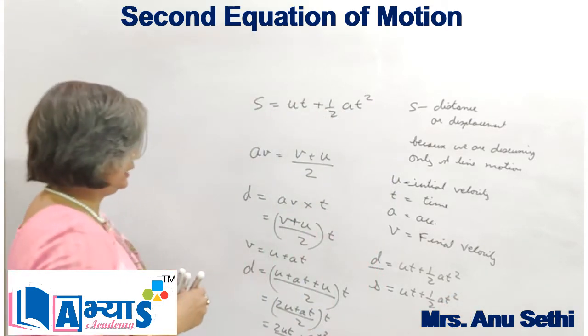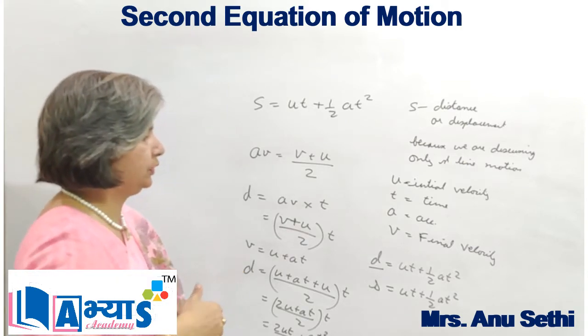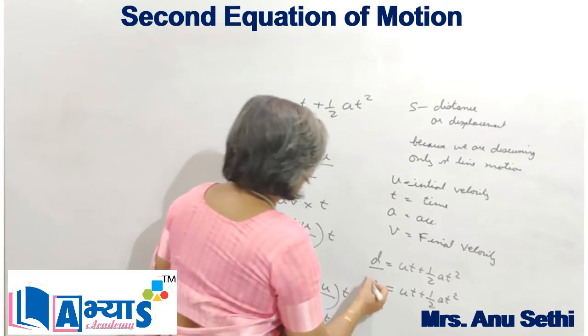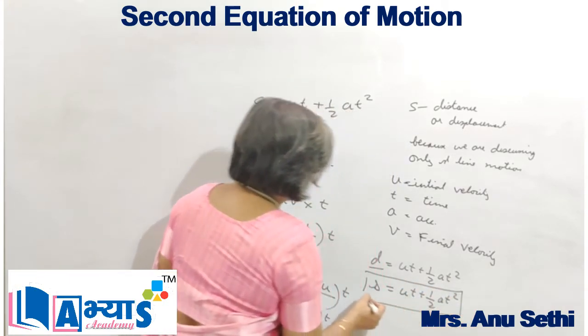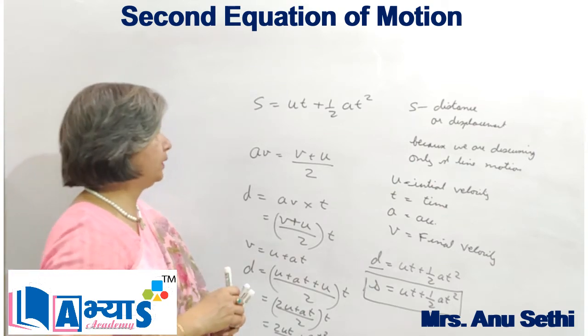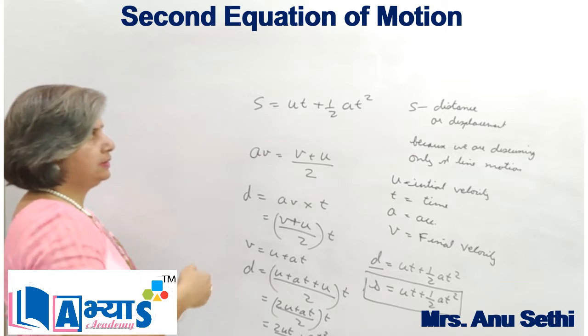So we can say that the distance travelled in case of uniform motion can be defined as ut plus half at square. So this is how we can derive the second equation using the definition of average velocity and the first equation of motion. So let us discuss it again.